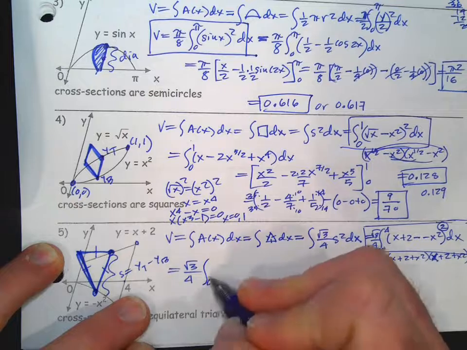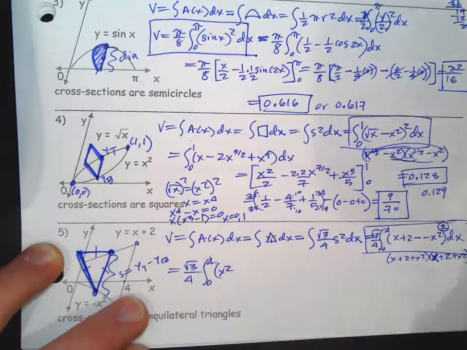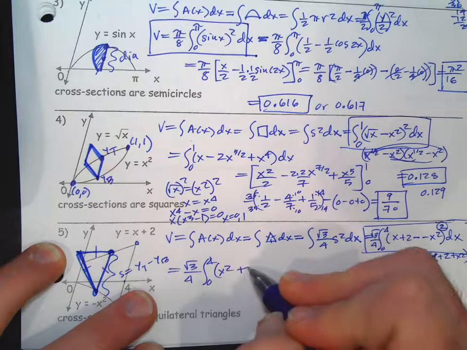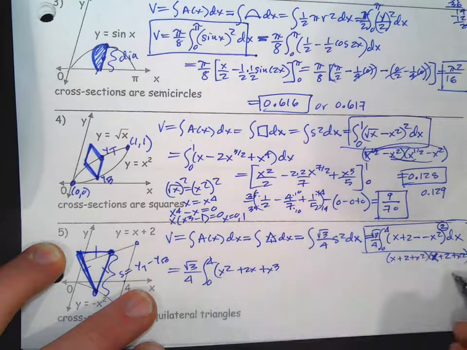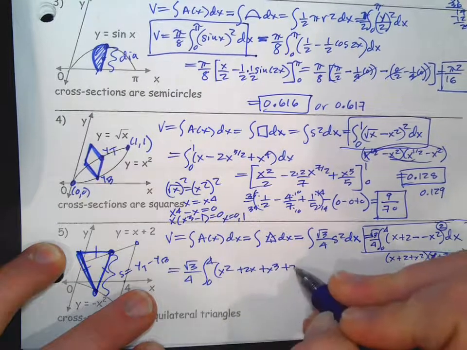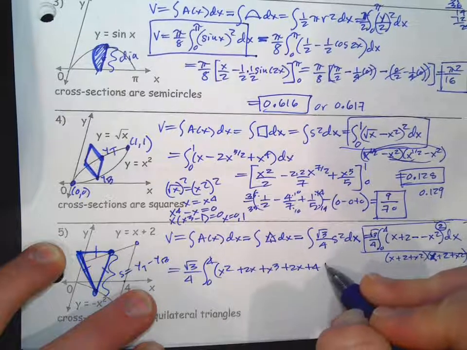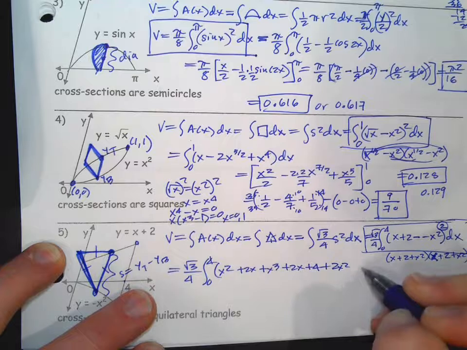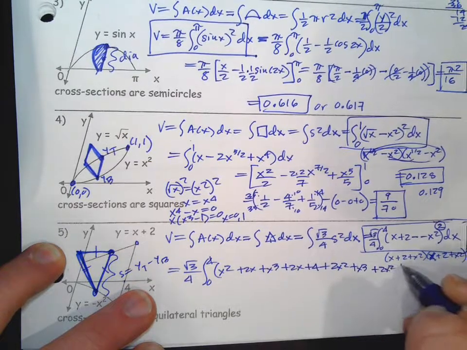So I'm going to say 0 to 4. I'm going to get x squared. Oh, this is going to be a mess. x squared plus 2x plus x cubed plus 2x plus 4, plus 2x squared plus x cubed plus 2x squared plus x to the fourth.